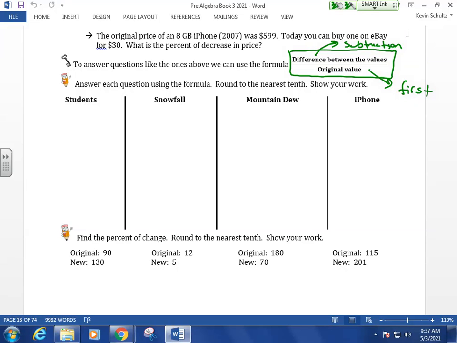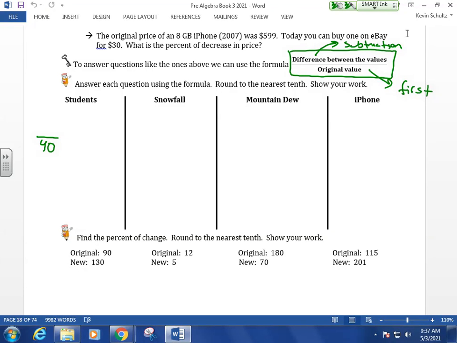and this year there were 50 students, which of those numbers is the original? What happened first, the 40 or the 50? Whatever was last year, right? The 40. So in our formula, 40 is going to be our denominator because that's the original value. That's what happened first.